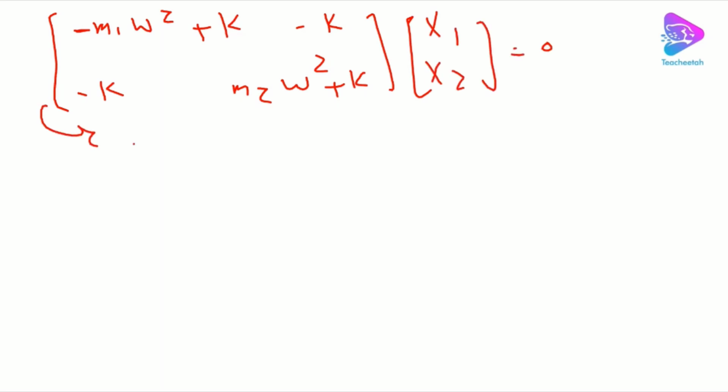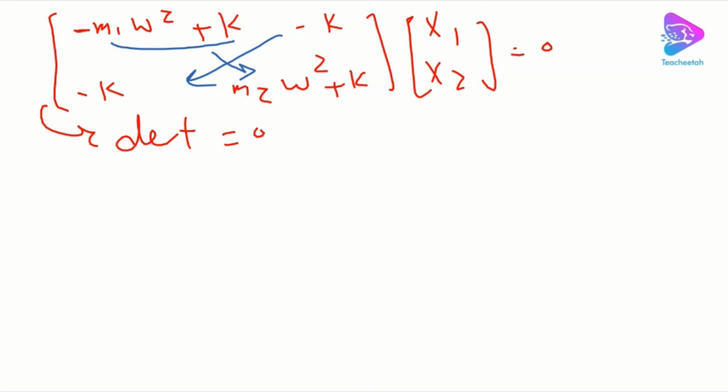So we set the determinant of this matrix equal to 0, and this is the interesting part. The determinant is this term times this one minus this multiplication. You know how to find the determinant for a 2x2 matrix. So if we find the characteristic equation, or the determinant of the coefficients, we reach an equation something like that.